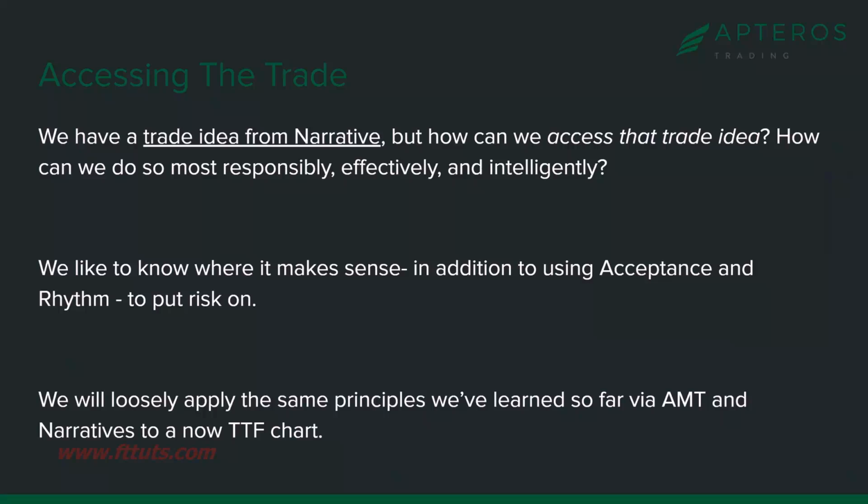We're going to loosely apply a lot of the exact same principles, quite frankly, that you already learned from multiple things I've told you. We're just going to do it on a lower time frame, and it's going to be really loose. It's not going to be overly precise, but there are some general ways that we can access trades that make sense.